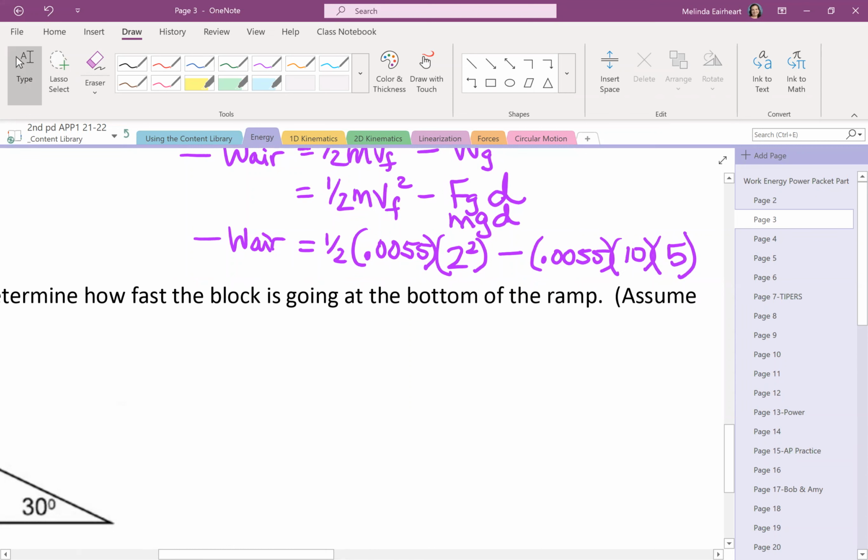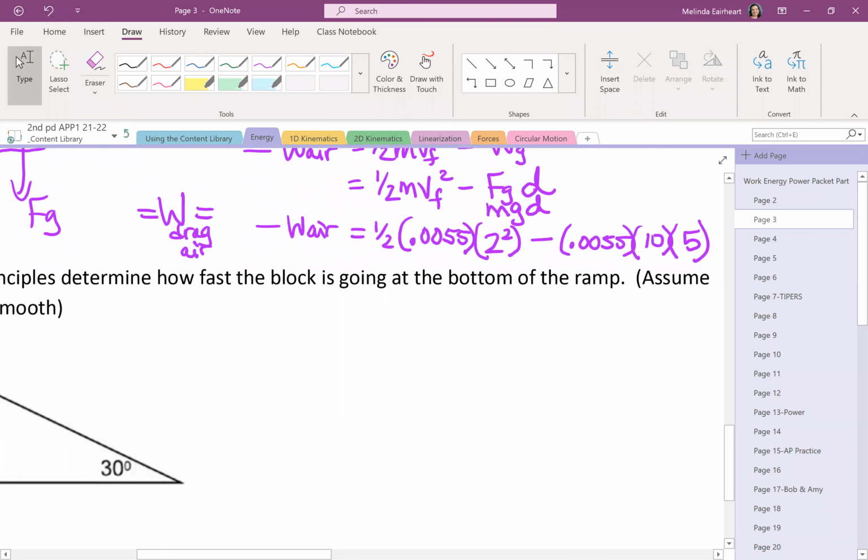You can half the 2 squared, right? Half of 4. What do we get?